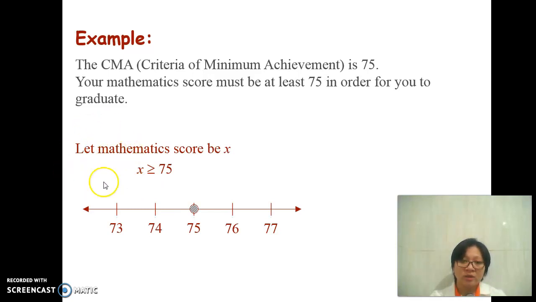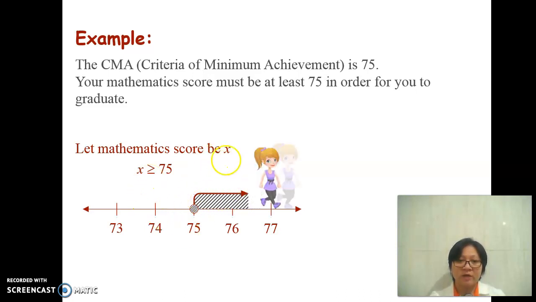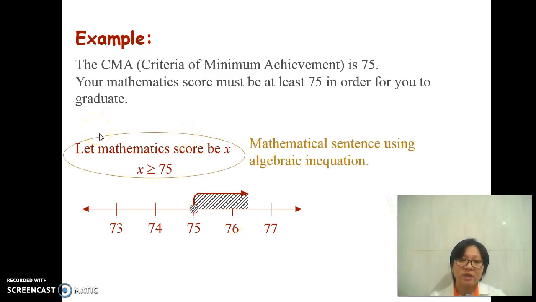As you can see, the inequality symbol looks like an arrowhead that's pointing to the right, tells you to go to the right. So shade the right side here to represent the solution of the inequality. So in linear inequality, you're going to use a mathematical sentence and a number line.